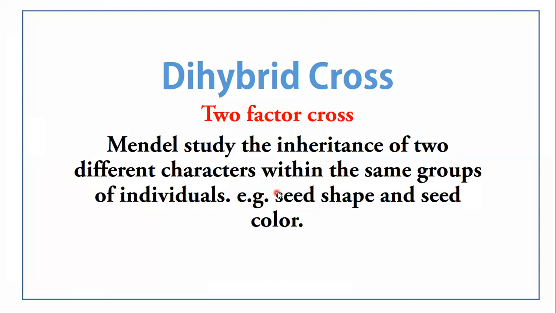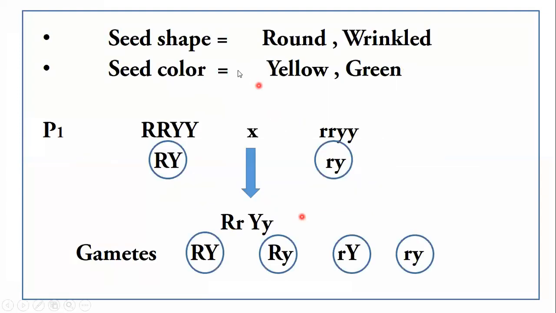So the first example for the dihybrid cross is seed shape and seed color. Seed shape further has two forms, round or wrinkled, while seed color may be yellow or green. As I discussed previously in my lecture, the parental generation is represented as P1 and parents must be true breed. And you can see here that parents are present in homozygous condition.